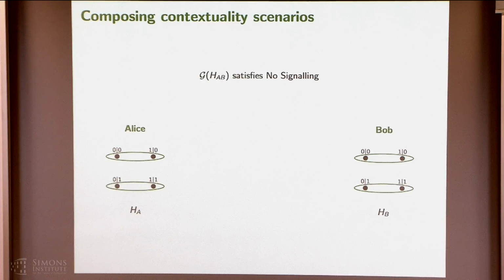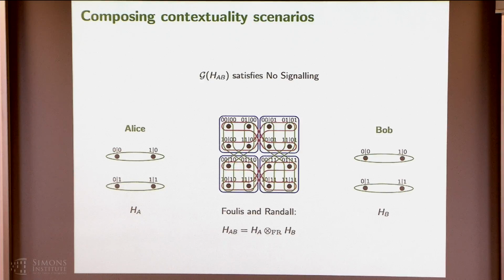And actually, we were not the first ones to ask this question, and it was answered quite nicely in a different context by Foulis and Randall, and they defined their fully Randall product of hypergraphs that actually answers this question. So whenever we want to define a new hypergraph that tells you the way to compose those two subsystems, then basically you take the fully Randall product and you obtain what we wanted to begin with.